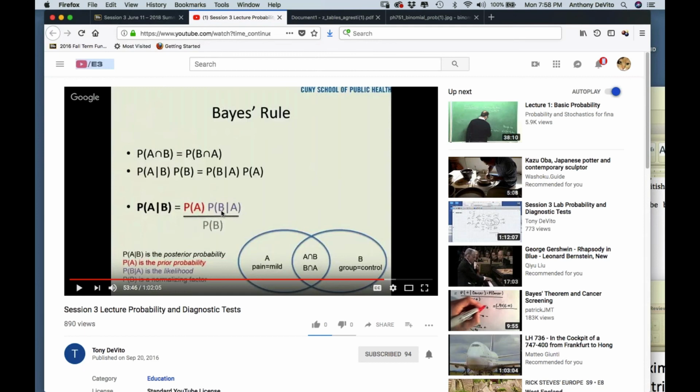In other words, the probability that you test positive given that you have the disease. That's the sensitivity, right? And all of that is over the probability of B, the probability that you test positive. The probability you test positive is the probability you test positive if you have the disease, in other words, true positives, plus the probability of false positives, the probability you test positive if you don't have the disease. And that all really boils down to that formula that we had on the diagnostic test.